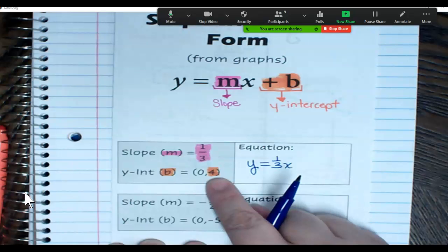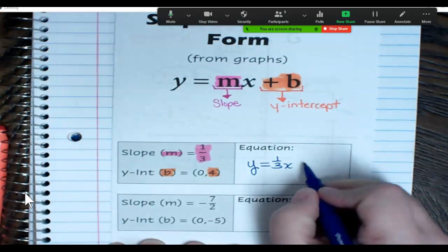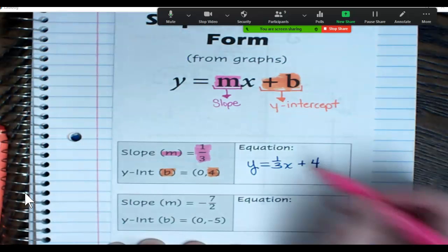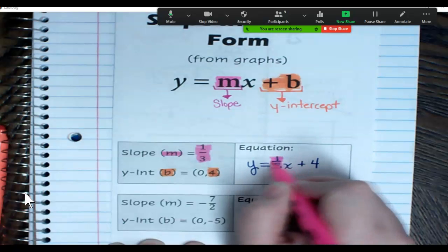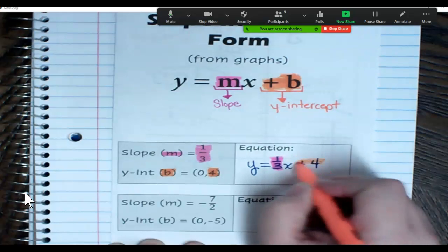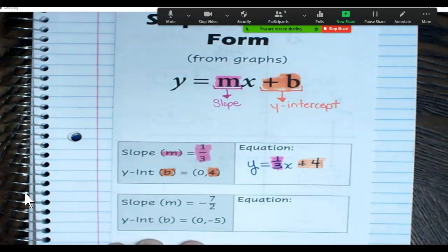Is it a positive 4 or negative 4? So there's my plus 4. And that's it. That's my equation. 1/3 matches the slope. Positive 4 matches the y-intercept. And we're done. We have our equation.